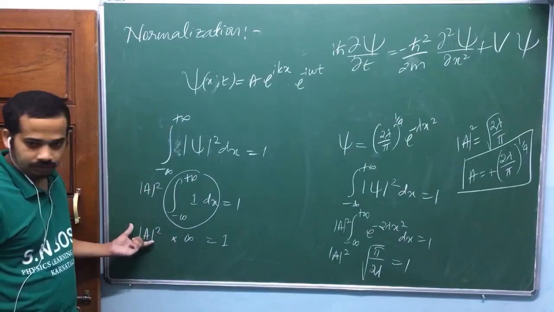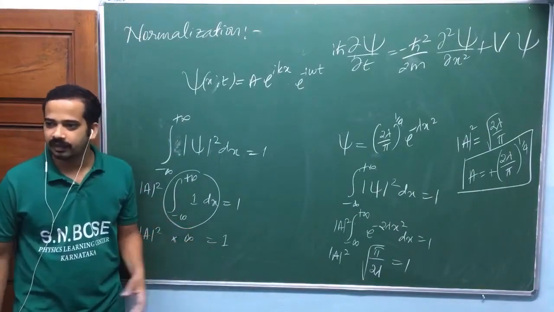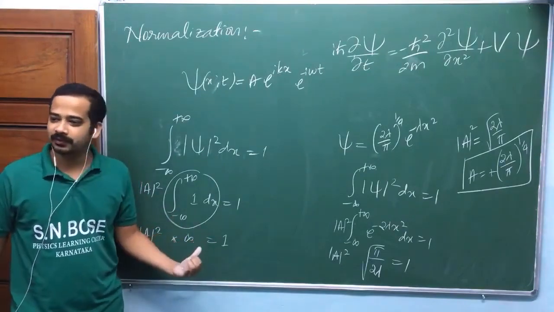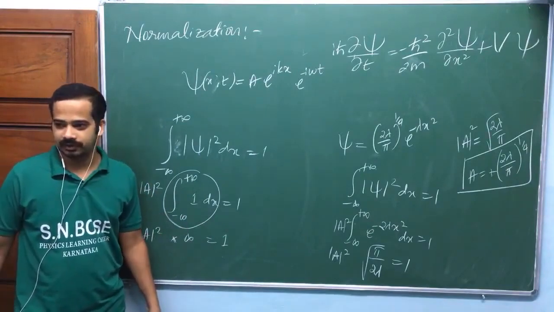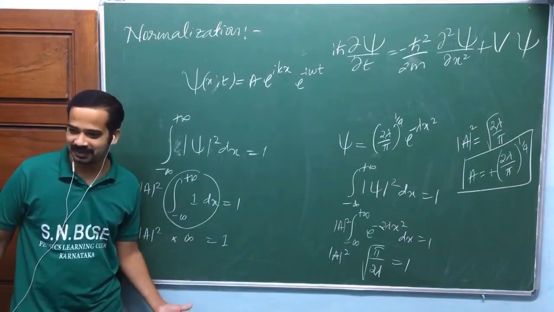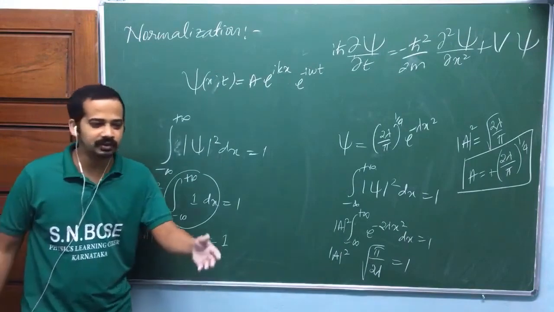What A, multiplied with infinity, can give 1? No A can multiply with infinity that will give you 1. What do you think, infinity by infinity? Infinity by infinity is indeterminate. A is 1 by infinity, A is 0, that's what you are trying to find. 0 into infinity, what is 0 into infinity?